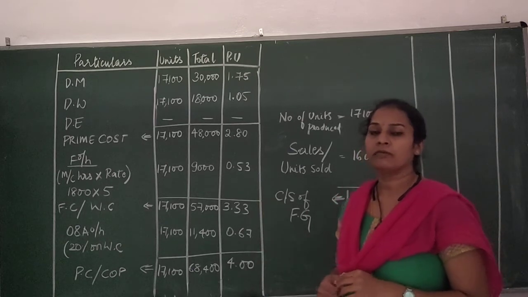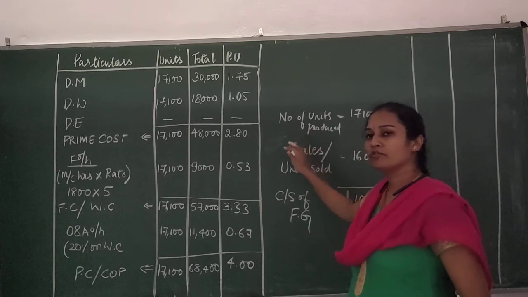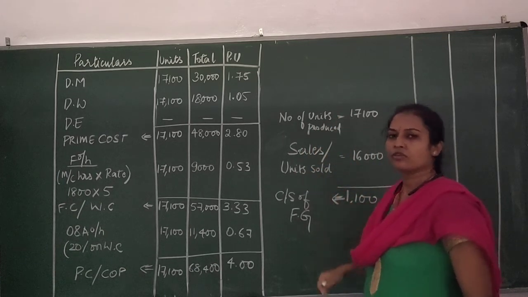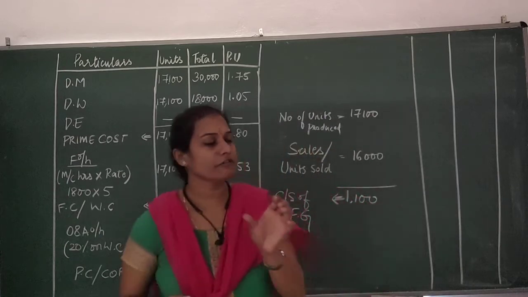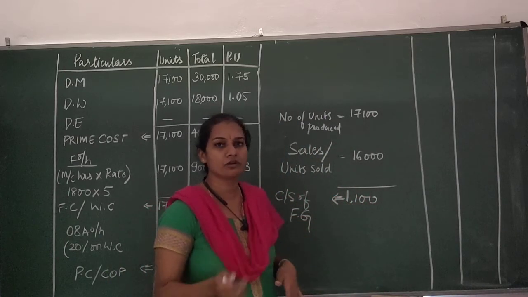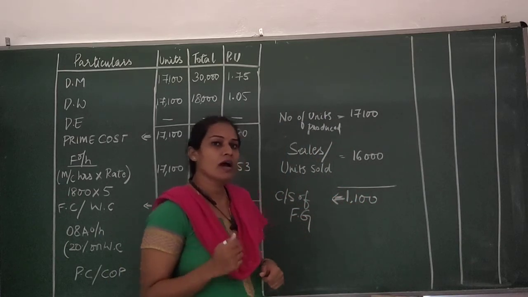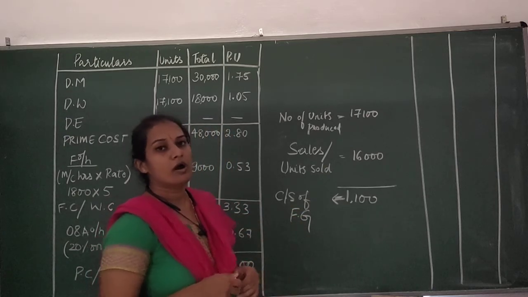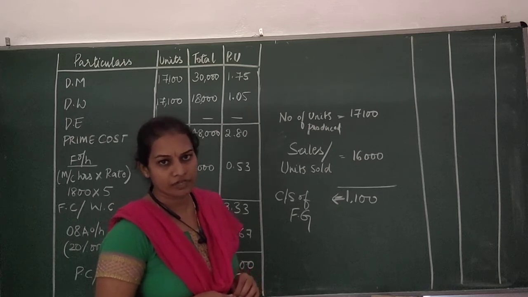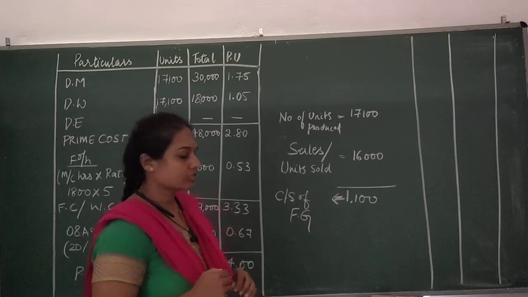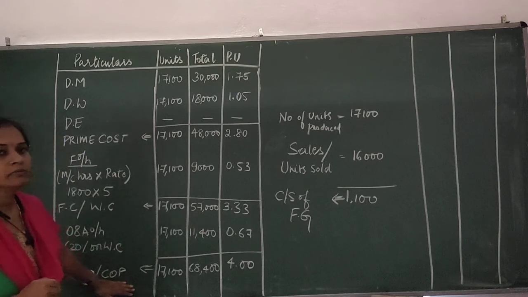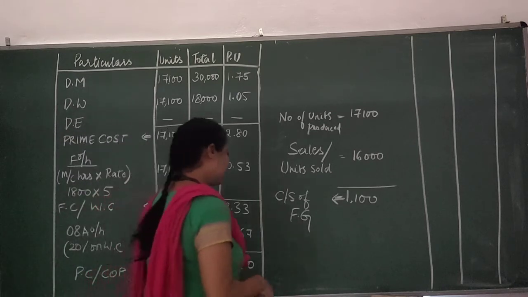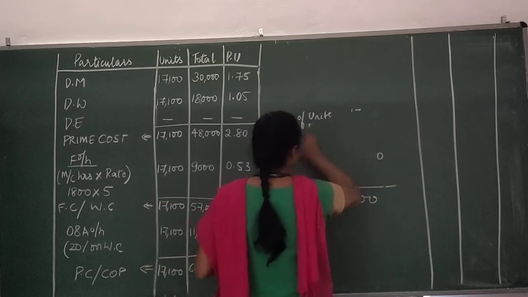But in this problem, you can see the number of units produced is more than the number of units sold. So where does that extra 1,100 go? It will go under the closing stock of finished goods. Always the closing stock of finished goods should be adjusted after your production cost or cost of production.